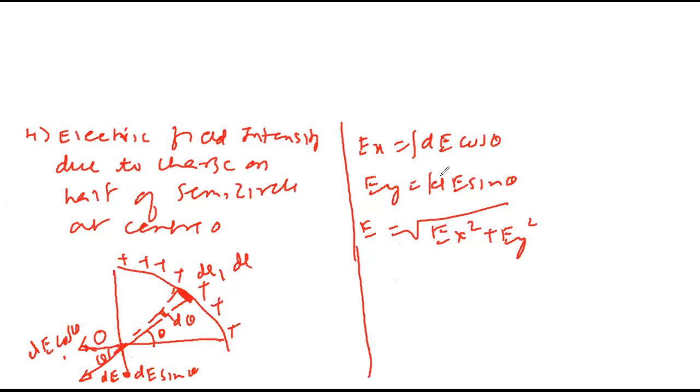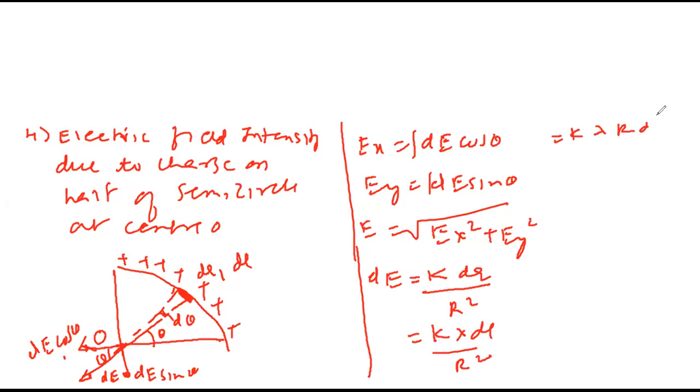So dE is nothing but K dq upon distance square, which is R, that is equal to K lambda dl upon R square. dl is nothing but R d theta. In previous one I explained, upon R square one R cancels. So dE is K lambda d theta upon R. Then I will get Ex, Ey, Pythagoras theorem.